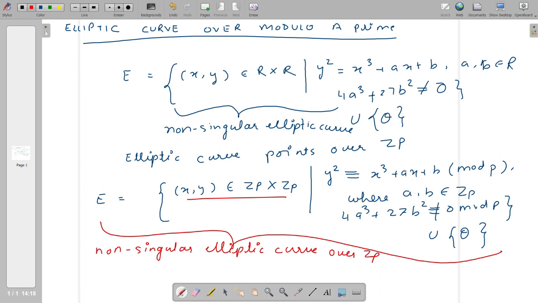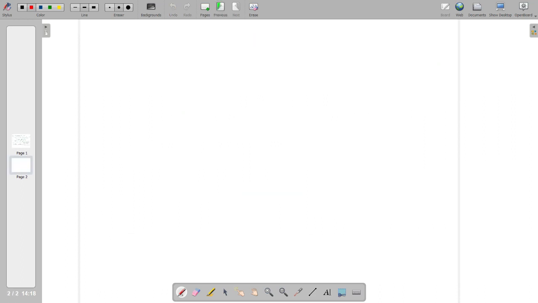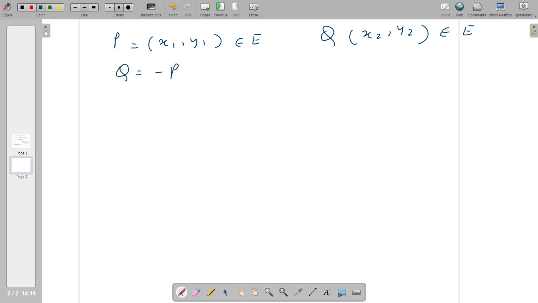Now let's say we have two points on this curve. P is equal to (x1, y1), which belongs to E, and then we have Q, which is (x2, y2), and this also belongs to the curve E. Either Q can be minus P, so P plus minus P is equal to theta.